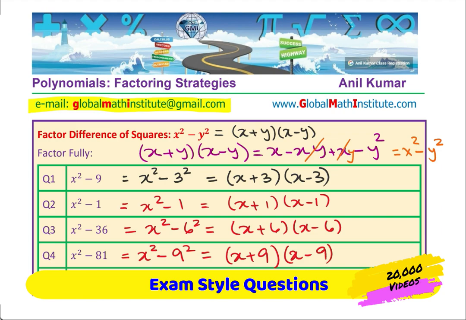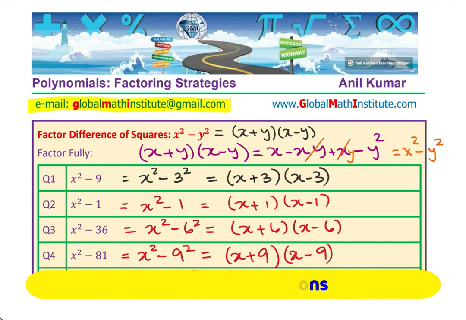X squared minus 16 is x plus 4 times x minus 4. We can directly also write, but let us follow the steps. It is not necessary to write this step. Now, when you know how to do it, you could actually go direct, right? That's the whole idea.